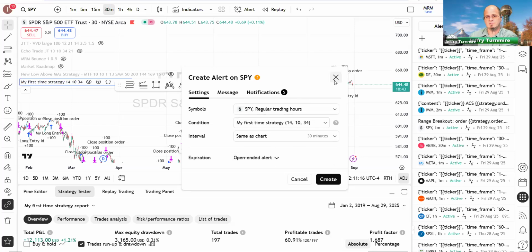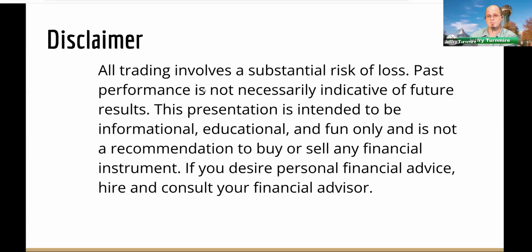Now, does it work for something else? Did we customize this for SPY only? Here's where I caution back to statistics. You can over optimize for the historical data and it not be representative. We see that whole past performance not necessarily indicative of future results.